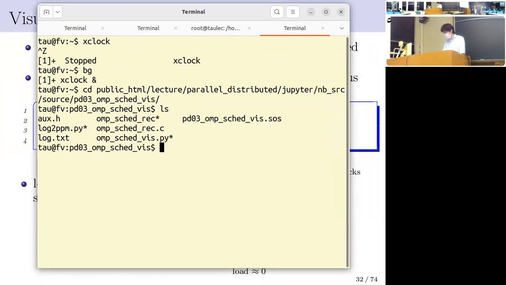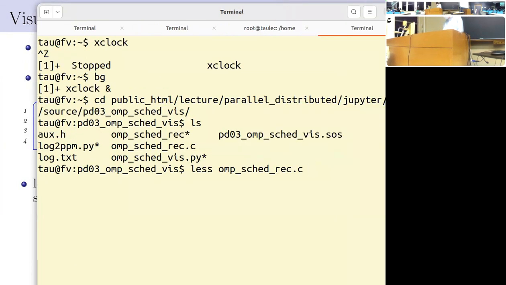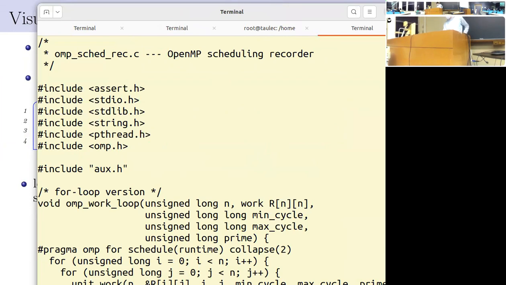You can get almost the same thing from the JupyterLab environment, but this is essentially the OpenMP program I just talked about in the slides.